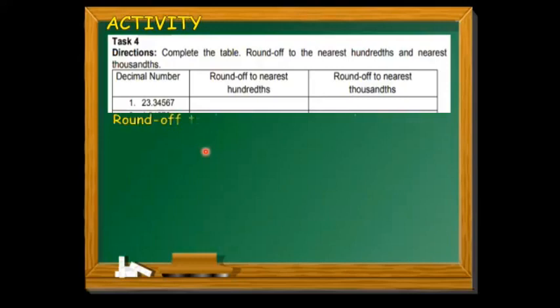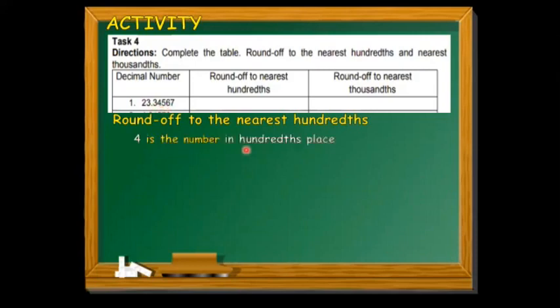So round up to the nearest hundredths. So the first thing is we need to find what is the number to be rounded. So 3 is tens, hundreds, thousands. So the number 4. Therefore, 4 is the number in the hundreds place. So 4 yung i-round natin. The next one, alamin natin yung number sa katabi niya. 4, katabi niya is 5. 5 is the digit in the right side of the number to be rounded.